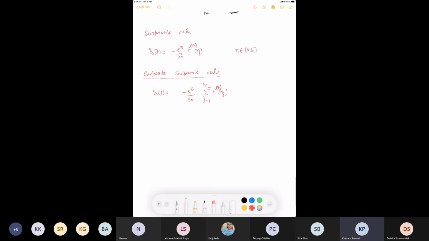You apply the same trick here. That is, what factor do you have to divide and multiply here? n by 2, right? You take the factor 2 by n here and multiply by n by 2.